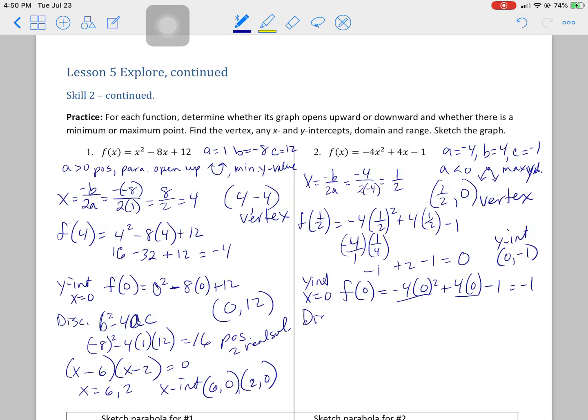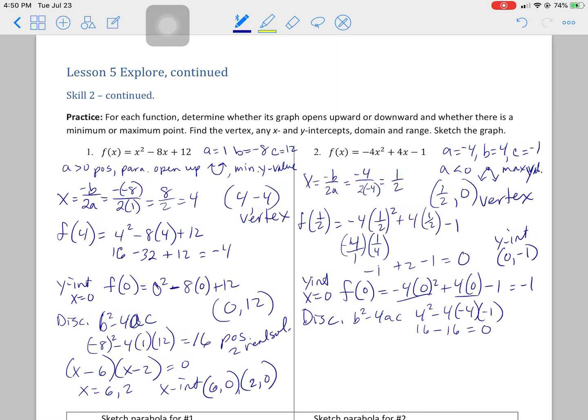And the discriminant, to tell me what kind of answers I'm supposed to get, is b squared minus 4ac. So this is b squared minus 4 times -4 times -1. So this is 16 minus 16, which is 0. Okay, so that 0 means I'm going to have 1 x-intercept.